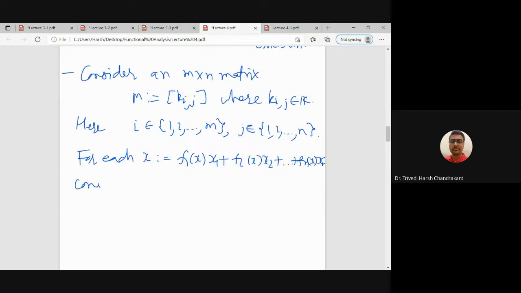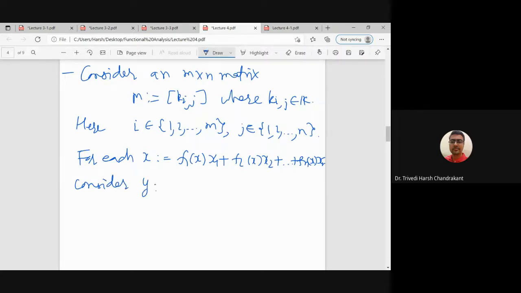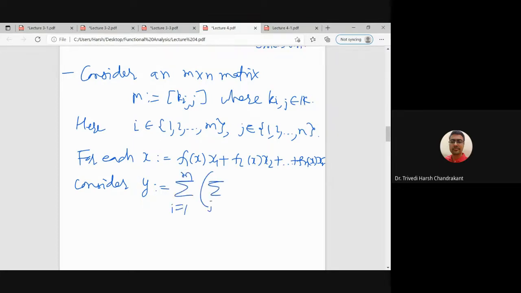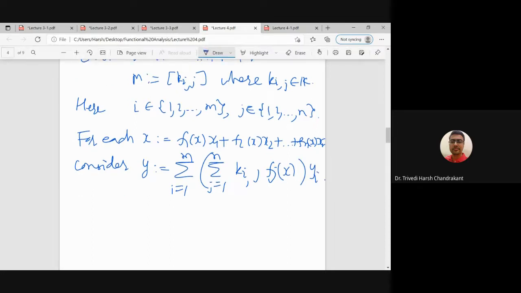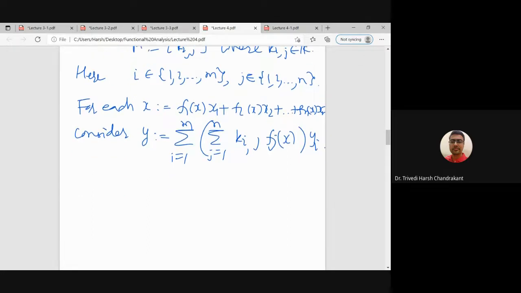We consider the corresponding y, which is summation 1 to m, summation 1 to n, aij fj(x) yi. So how we are getting y is coming from here.